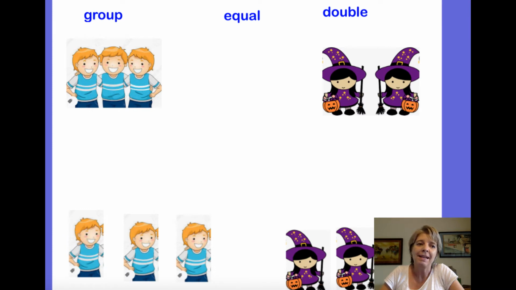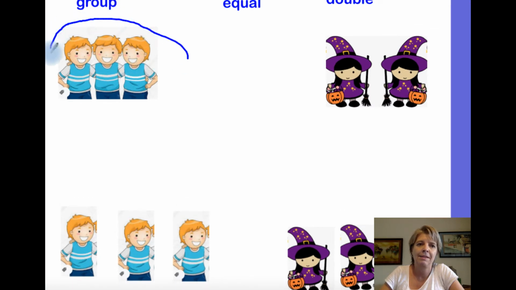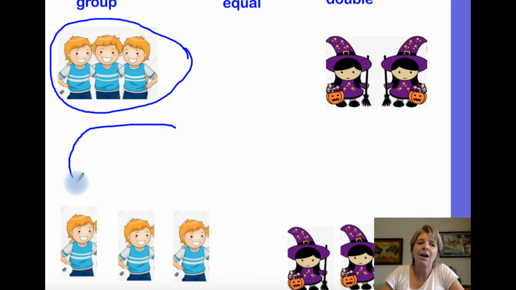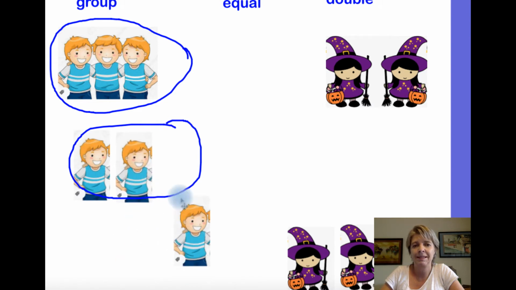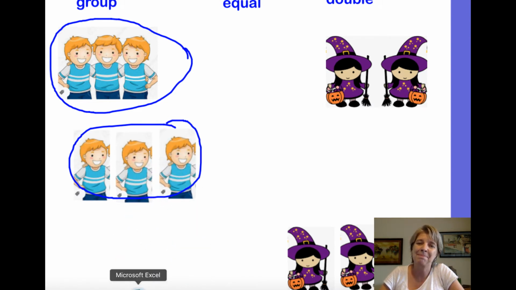If I want to make another group of boys, so there is a group of 3 boys, and I want to make an equal group of 3 boys, an equal group. So I need to bring 3 boys into this group. That makes it equal, the same.